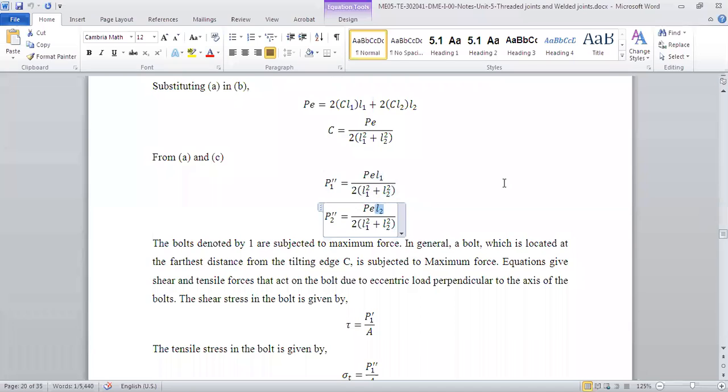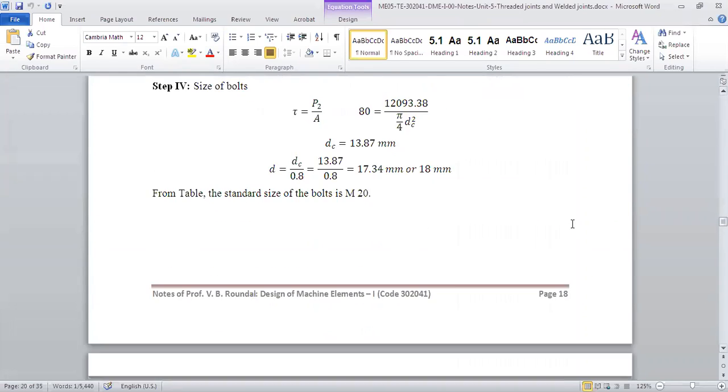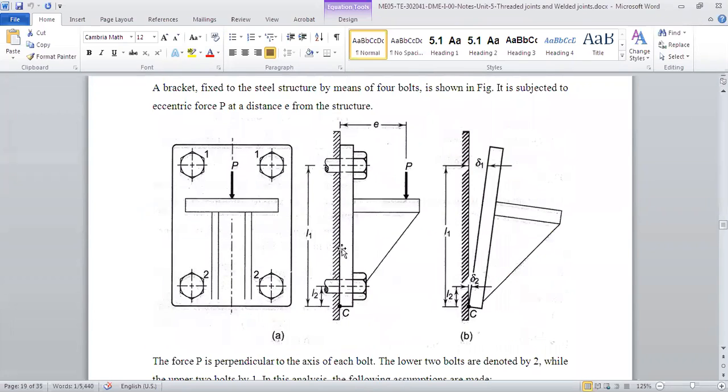So P1 double dash, the tensile force, is proportional to its distance. The farther a bolt is, the more tensile stress it will have. So if there are 4, 5, 10 or however many bolts, the bolt having the maximum distance from point C will have maximum tensile stress. And since shear is the same in all bolts, the combination of shear and tensile will be the maximum in the bolt having the maximum distance from point C.